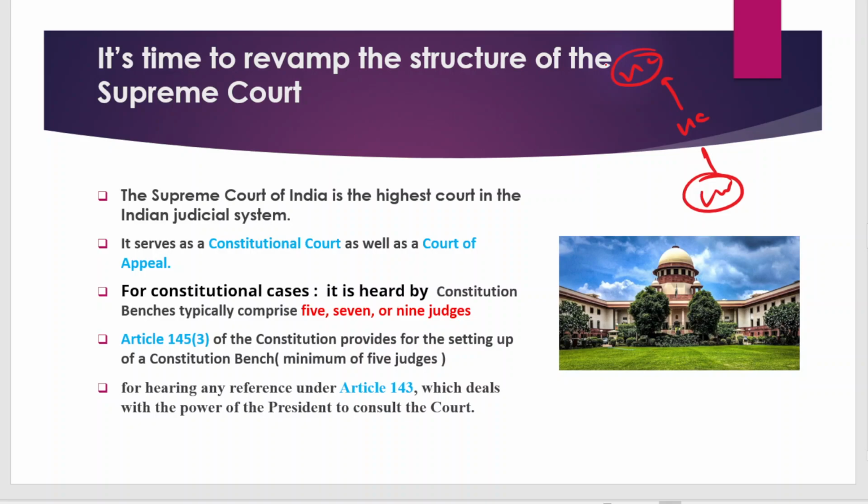Not only that, if there is a dispute between the states or between the state and the center, the disputed party will go to the Supreme Court to sort out the dispute. Like we have seen the cases of governors, where state governments, whether Kerala, Punjab or Tamil Nadu, went to the Supreme Court for dispute resolution.